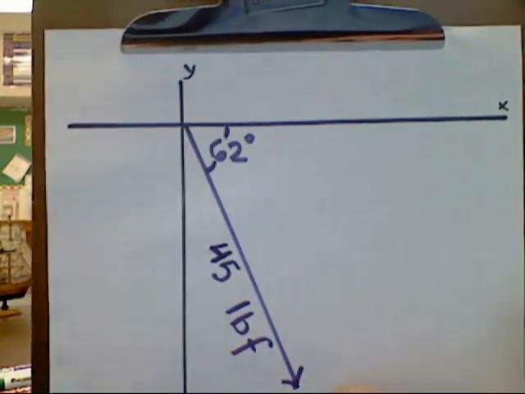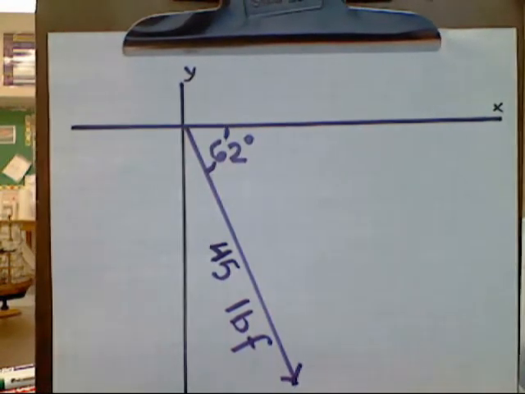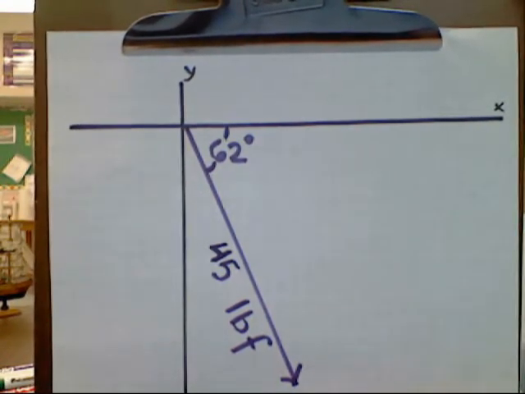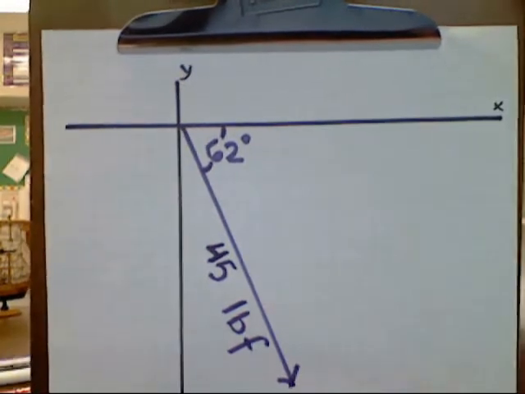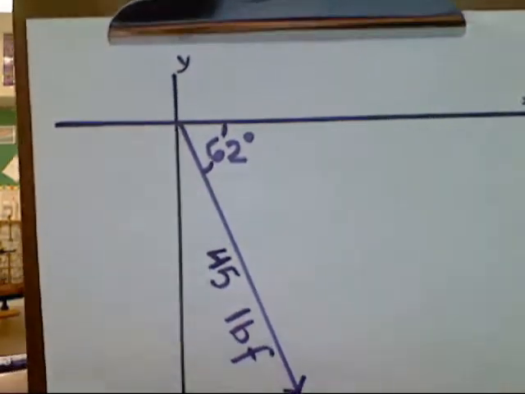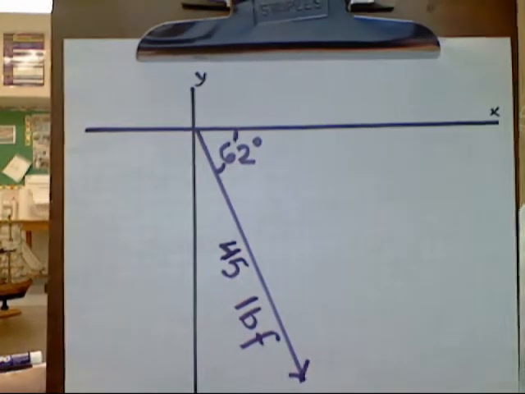Magnitude and direction. Now, anytime you see a diagonal vector like this, you should immediately think to yourself, I need to split this up into its x and y components. So we're going to do that by drawing either a straight vertical line or a straight horizontal line to turn this vector into a right triangle.